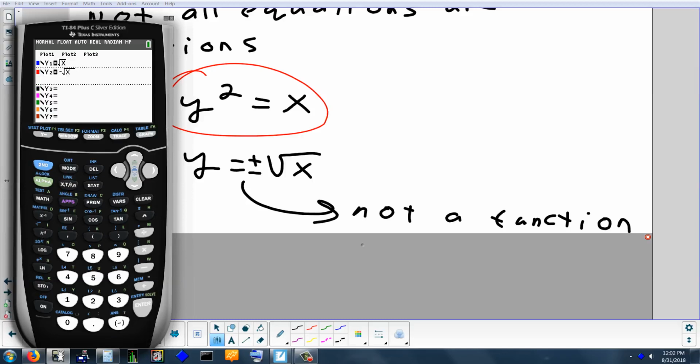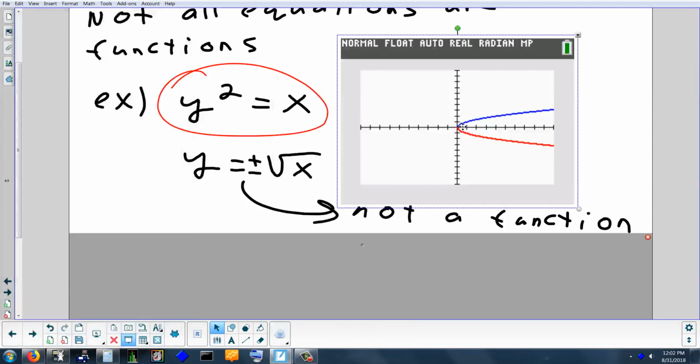Positive square root of x, negative square root of x. There's your positive. There's your negative. So now the problem we have with that is if I said to you, okay, x is 2. Tell me the y value. When x is 2, there's a value up here, and there's another value down there.